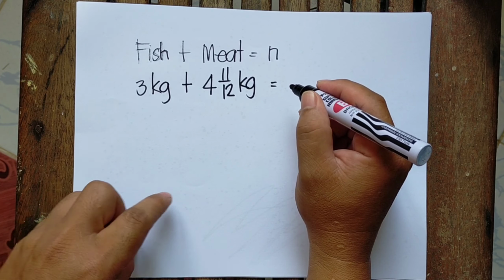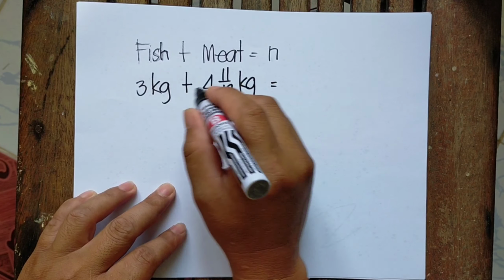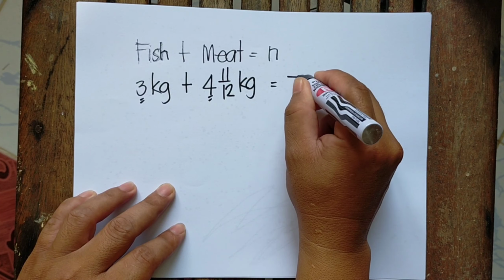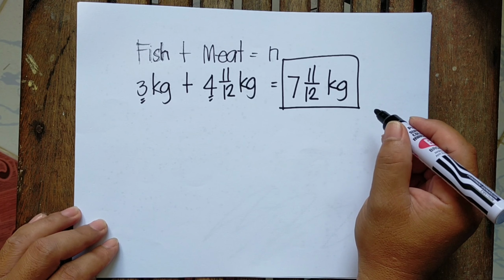So therefore, the total weight of the fish and meat I bought is equal to, let us add the whole number, 7, and let us copy the fraction. So the total weight of the fish and meat I bought is equal to 7 and 11/12 kilogram.